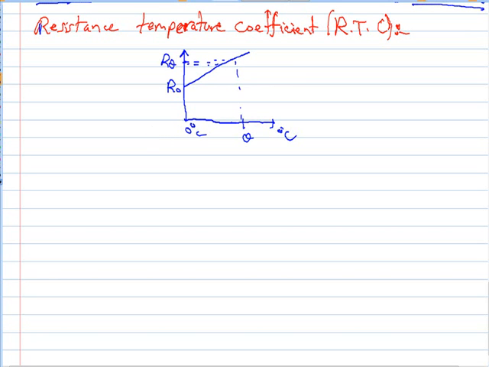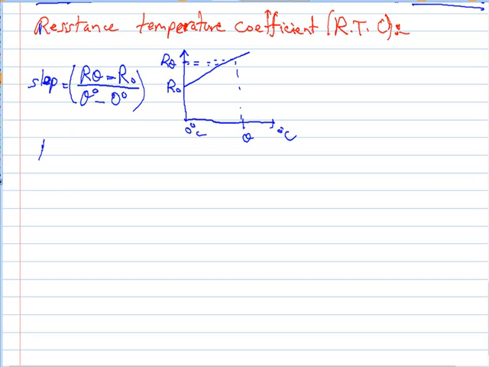If we want to find the slope, it is R theta, the final, minus R0, the initial, over theta minus 0 degrees Celsius, the temperature. This gives us the slope. The slope is the rate at which the resistance changes with respect to change in temperature.